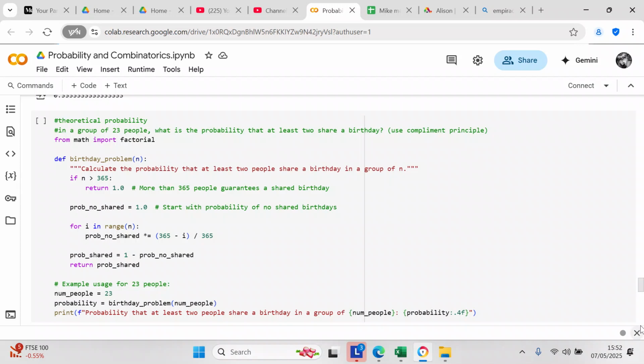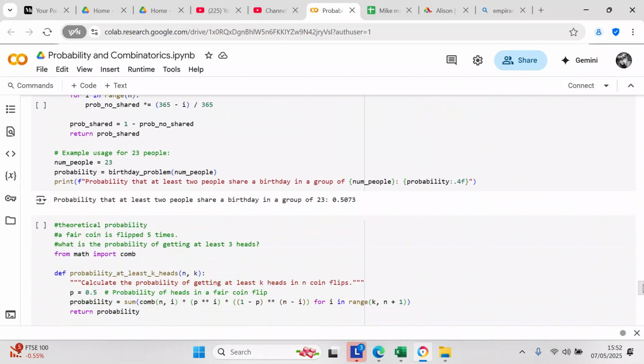And then we have the example usage. num_people is 23. probability equals birthday_problem(num_people). So it's going to take 23 as the input number. And then you print the probability that at least 2 people share a birthday in a group of 23, and that's a 50% probability.